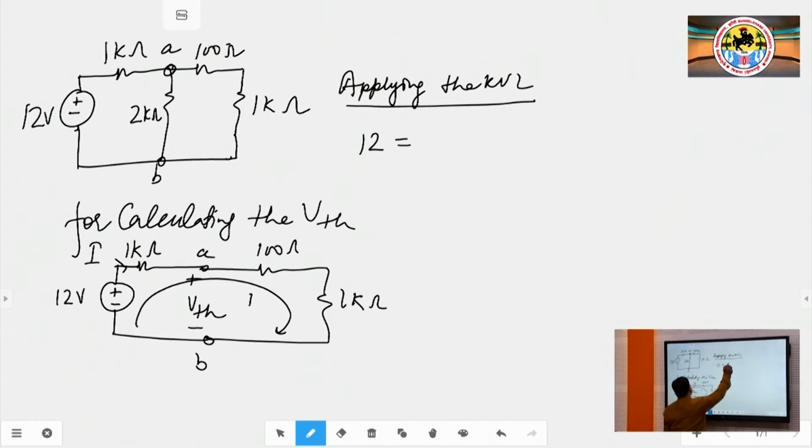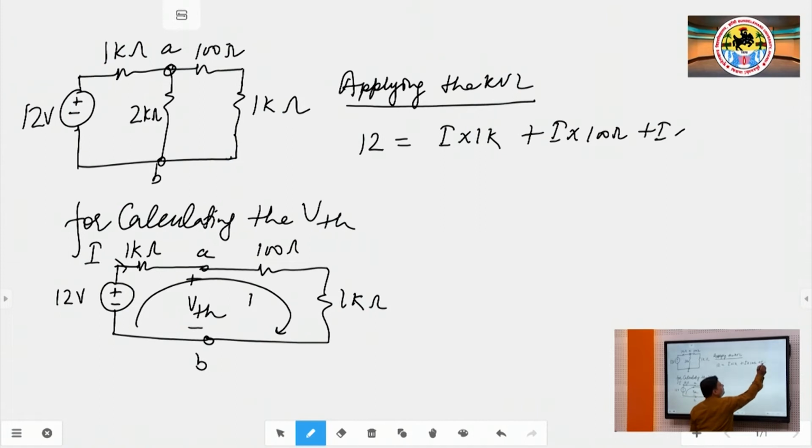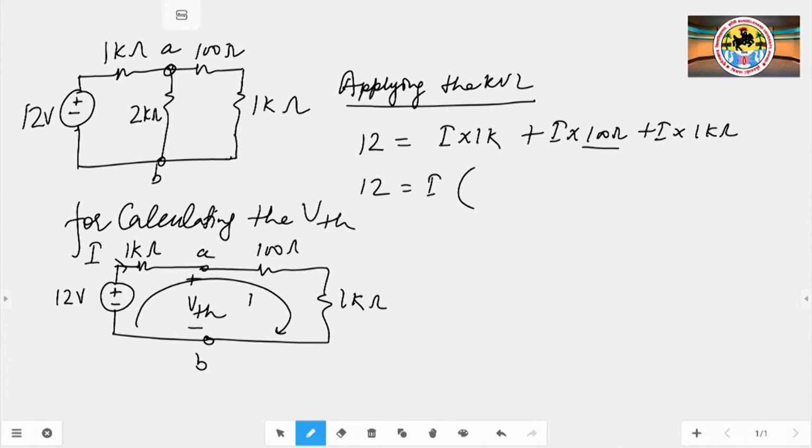So, I into 1K, and in series I into 100 ohm, plus I into 1 kilo ohm. Now, converting the resistances into kilo ohm and taking I as common, it is 1 and 1 is 2, and 0.1 kilo ohm, so this is 2.1 kilo ohm.